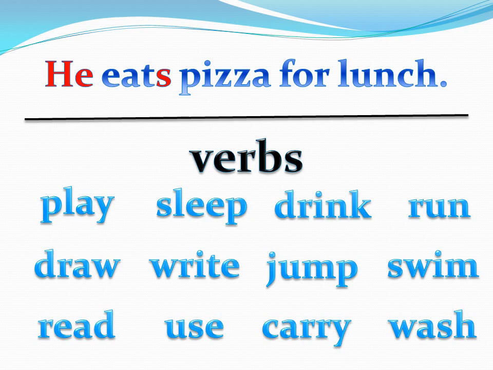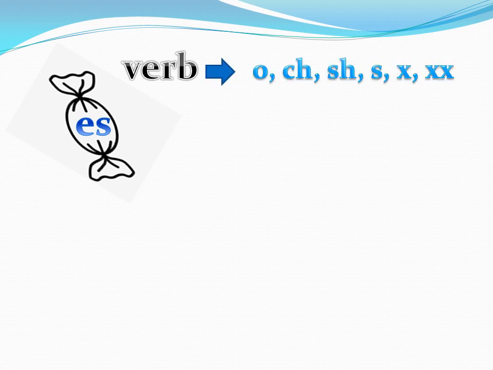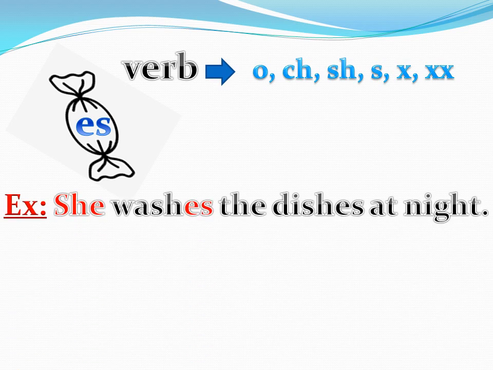Okay, Junior 3? So let's sit together how we decide which sweet to use. For example, ES. How do we use ES? When do we use ES? We use it at the end of any verb that ends in O, CH, SH, S, X, or double S. For example, the verb wash.